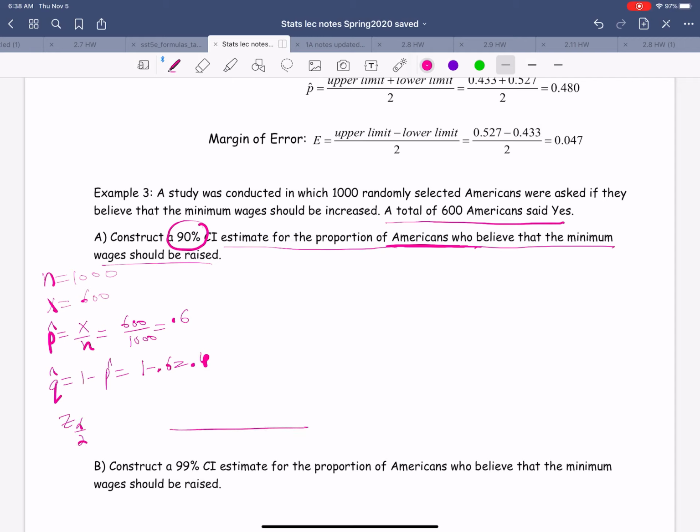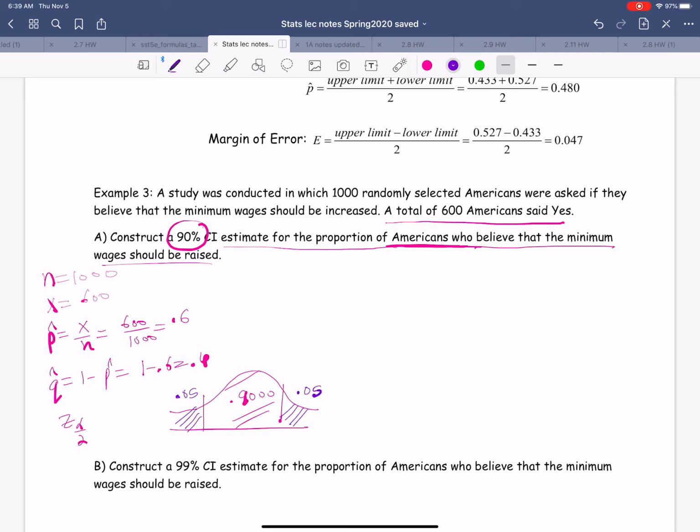So let's go ahead and think about z alpha over 2. My confidence level is 90%. That means this is the area in the middle, 90%. Each of the tails has the remaining 10%. If the 10% is divided into two tails, then each tail has 0.05.